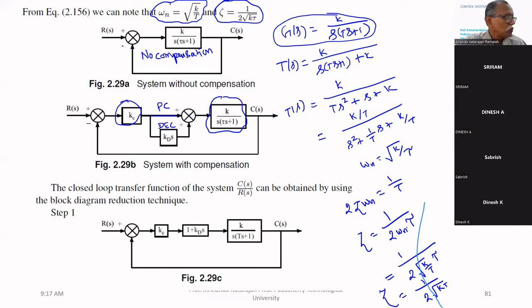If you add these two, we know that block diagram reduction, this is 1, gain is 1. Therefore, this can be written as 1 plus KDS. We can write like that. This is Kc.